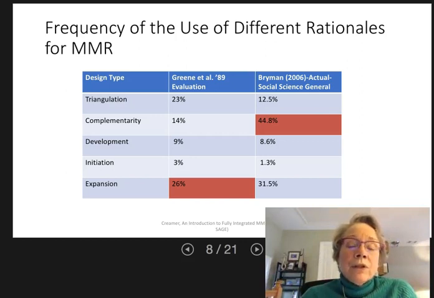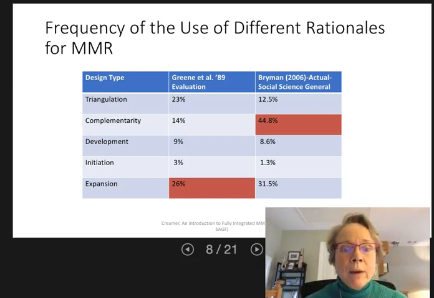When Greene originally created those designs, Greene and her colleagues, she used strictly evaluation literature, which is sort of the founding home of mixed methods. And she found that the largest percent, 26%, used the multi-level expansion design, and close behind was that confirmation purpose that you see in triangulation.